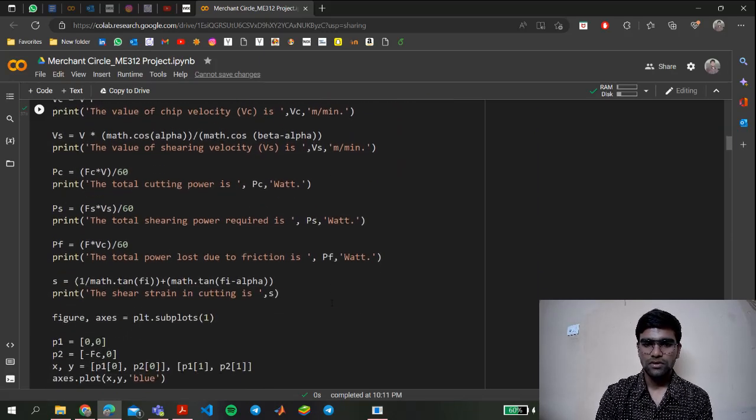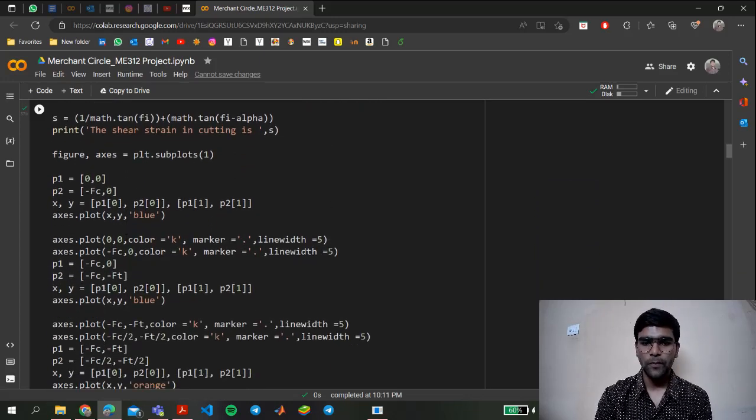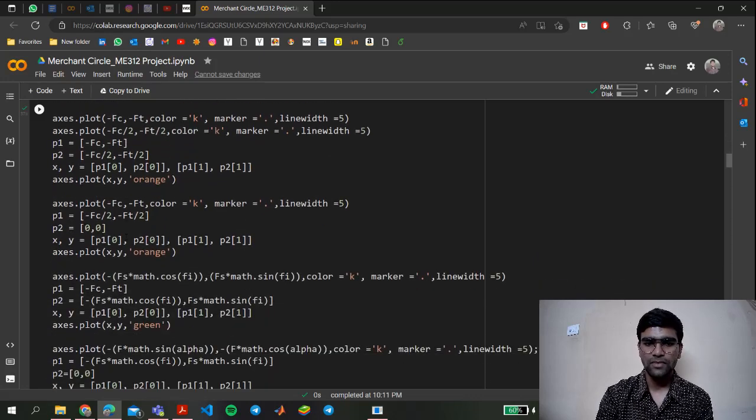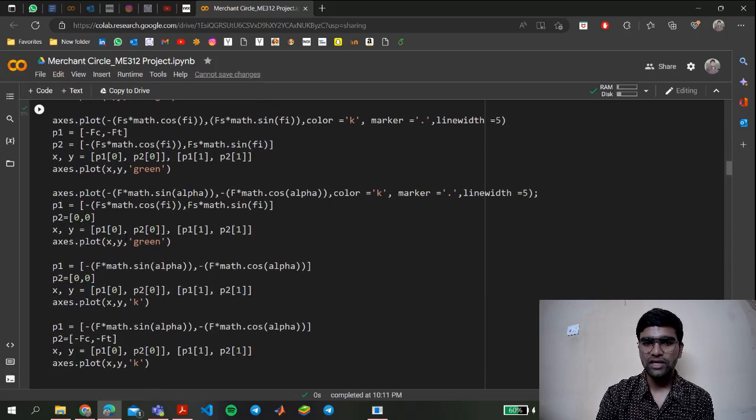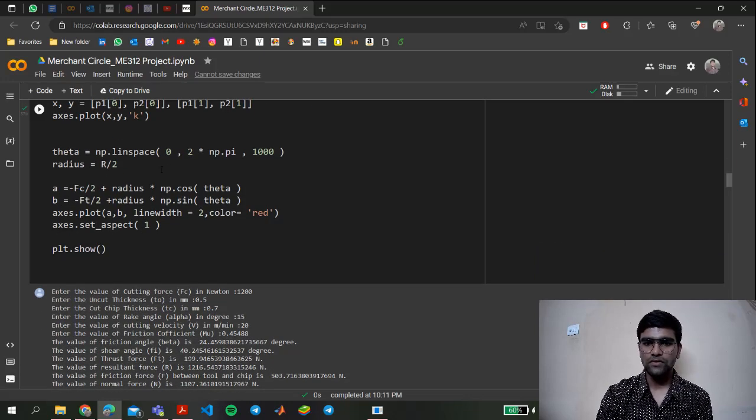Finally, we are plotting points in matplotlib and joining them to find the forces, and using numpy and linspace we have drawn the merchant circle, in which all the forces are involved.